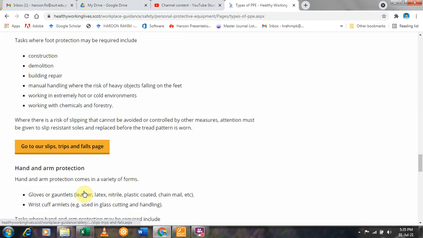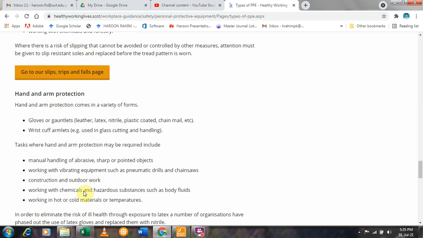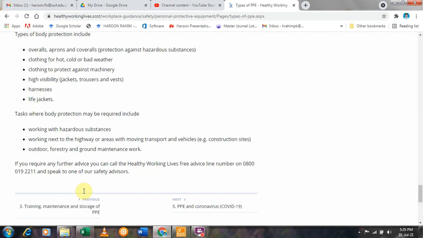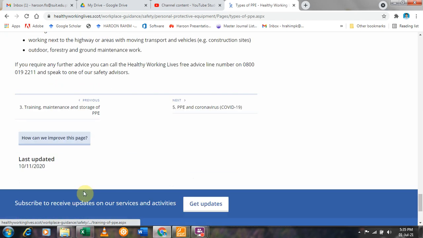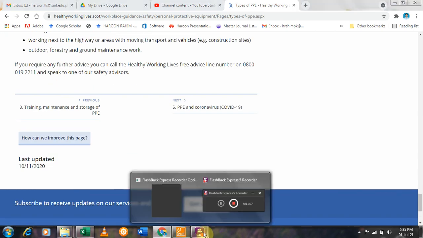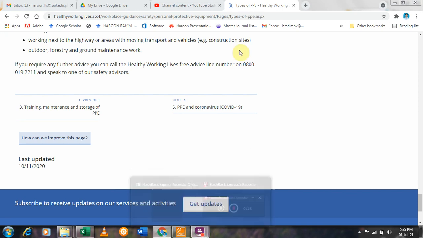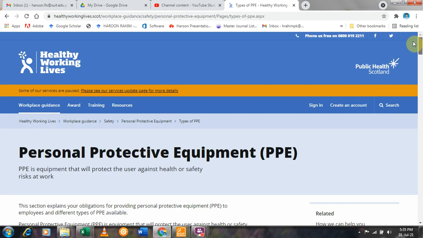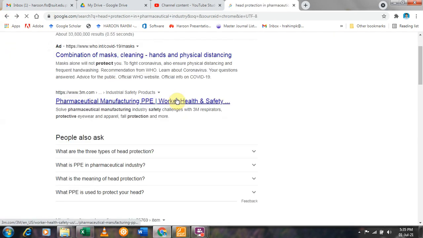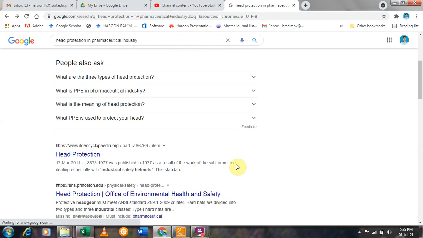Similarly, foot protection, hand and arm protection, body protection. These are some of the other protective equipments which may be utilized depending upon the area or premises where we have to work and are exposed to different types of hazards.